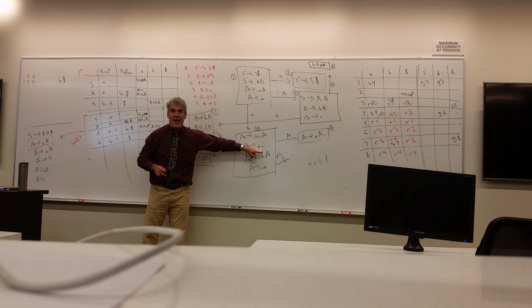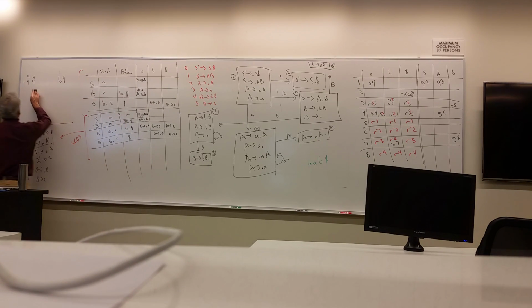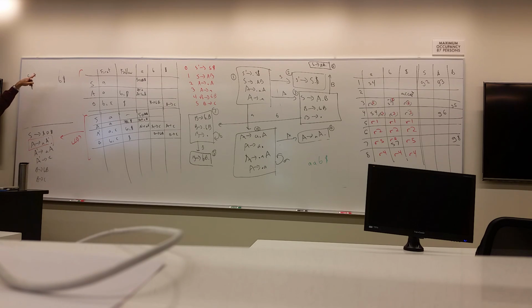So pop off the a, push on uppercase A, state 4 and an uppercase A, I go to state 6, and now in state 6, I've got an A on top of the stack, so I pop the A off the stack, and push on an A, and from 1 and an A, I go to 3. Ah, so I've handled my a's properly, right?